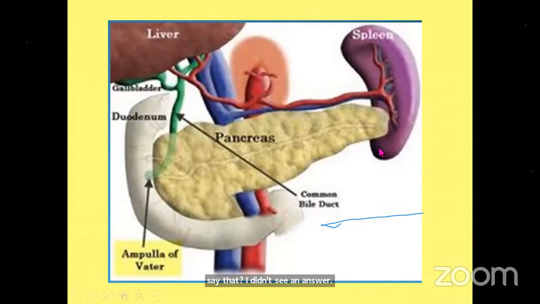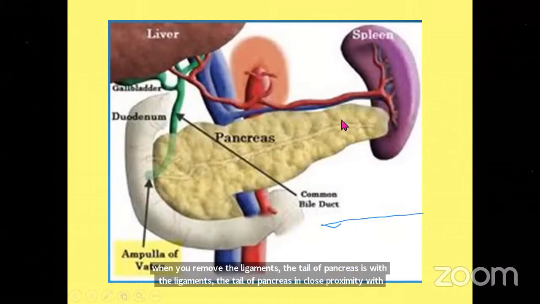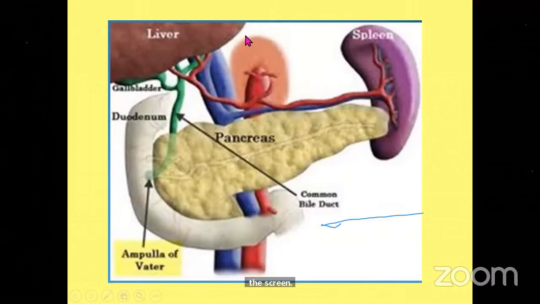So when you remove the spleen, when you remove the ligaments, the tail of pancreas is in close proximity with the spleen. And it is in the tail of pancreas that you have the islets of Langerhans. So what will happen if you remove the tail of pancreas? After the surgery for removing the spleen, the person will end up as a diabetic. Okay. So that is the importance of the relation. Hence, it is asked so.